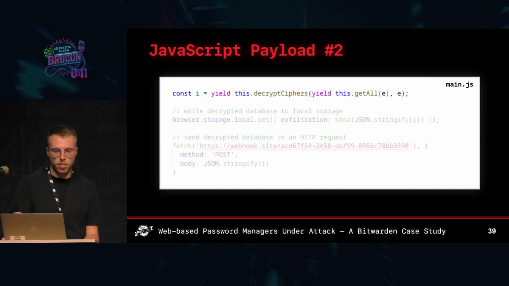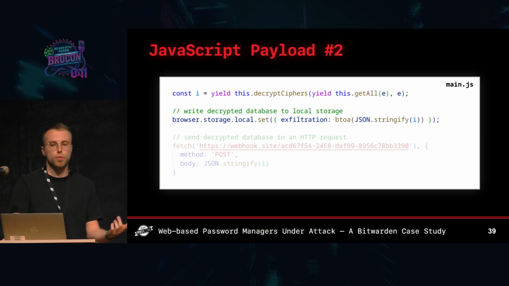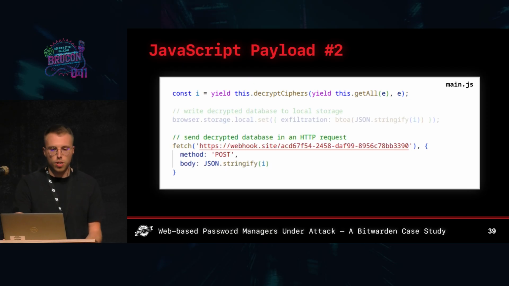This line already exists in main.js and holds the decrypted database in the I variable. Now we can just extract this variable, for example, by adding a new entry in the local storage, which the attacker can easily access, or just extract it to a webhook and post the decrypted database right from there.